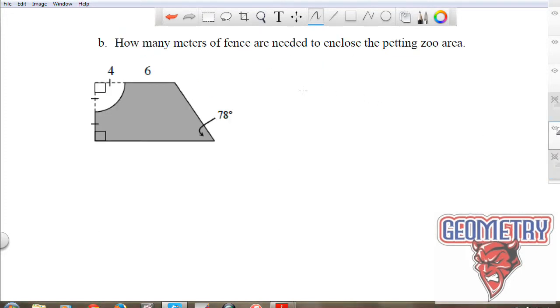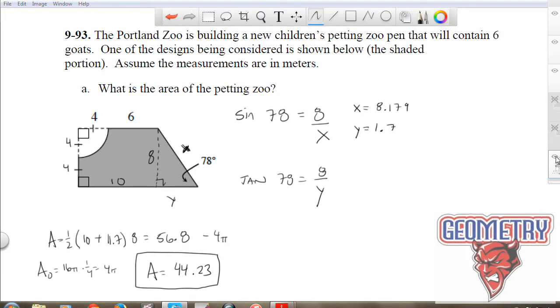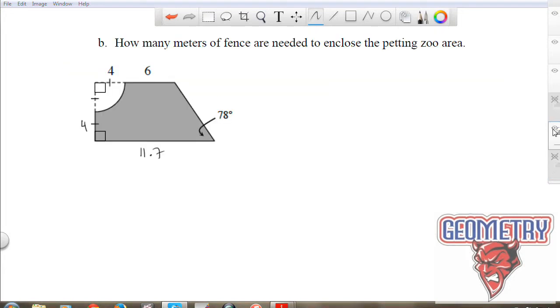It says how many meters of fence are needed to enclose the petting zoo area. Okay, well, we knew this was 4. We knew this was 11.7. And I'm going to go back to the other one here to recall what it was. 8.179 was the value of x.